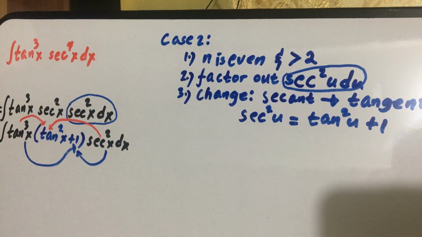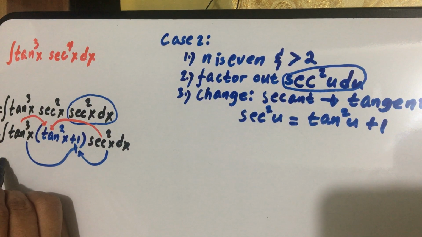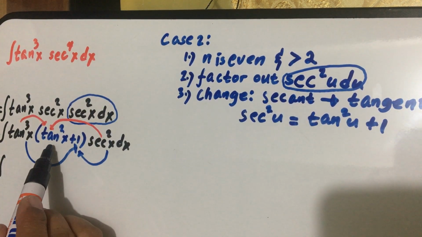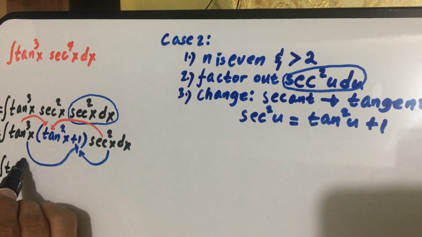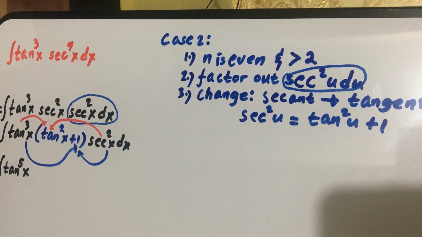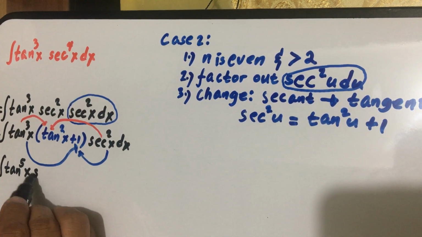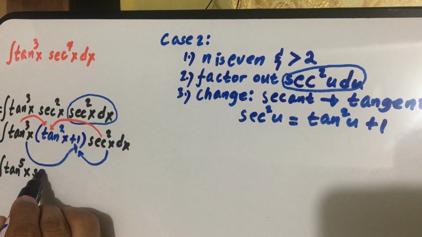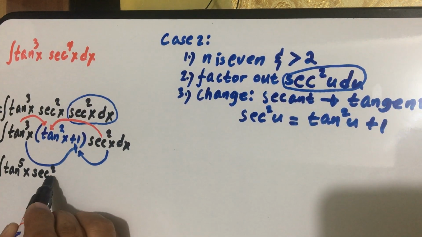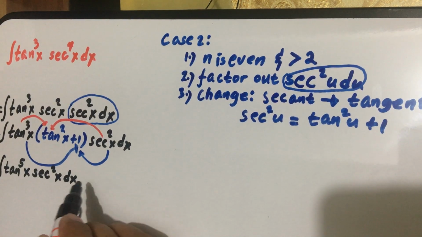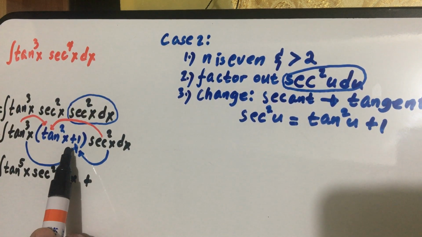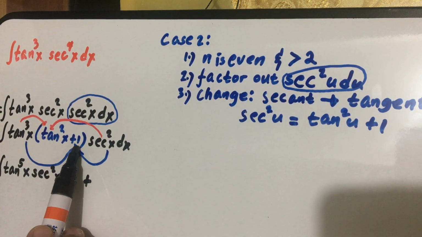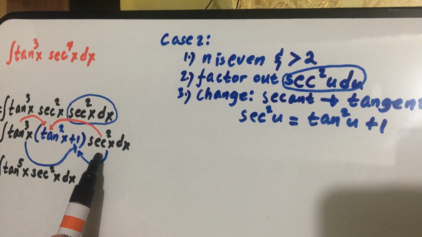Looking at the red arrows, this is the integral of tangent cube times tangent squared, which becomes tangent to the 5th power x, multiplied by secant squared x dx, then plus tangent cube x multiplied by 1 multiplied by secant squared x dx.